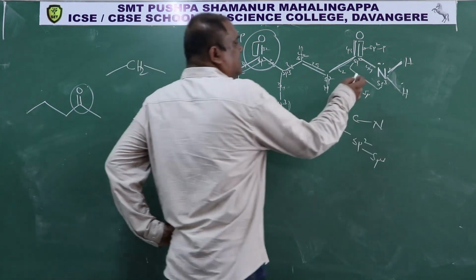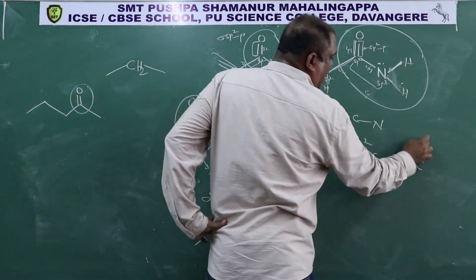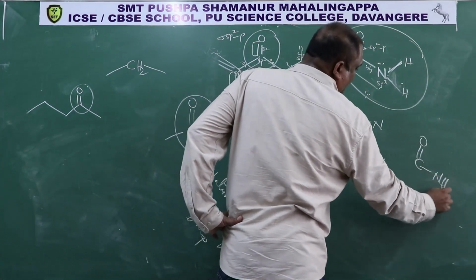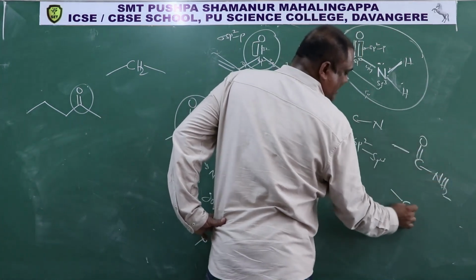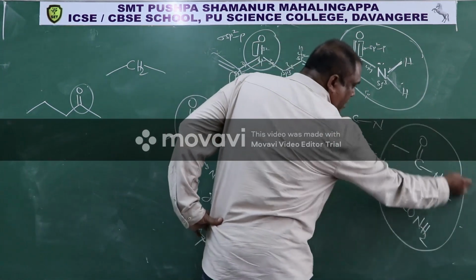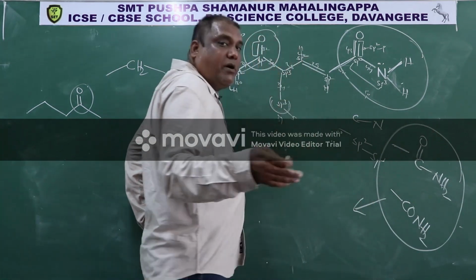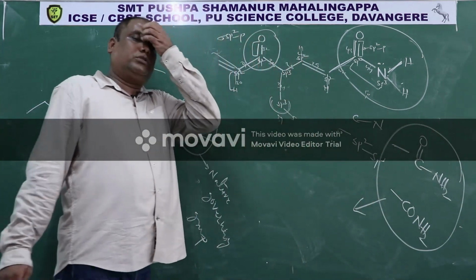Now this is another one. It is written as C double bond O NH2, or in short CONH2. The presence of this group gives a different type of properties to organic compounds.